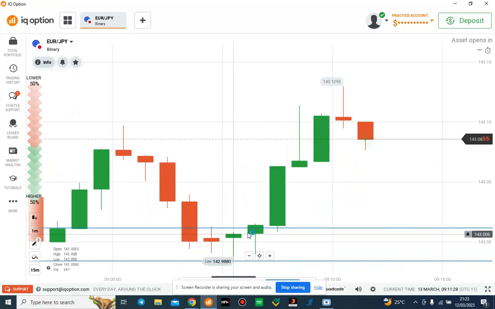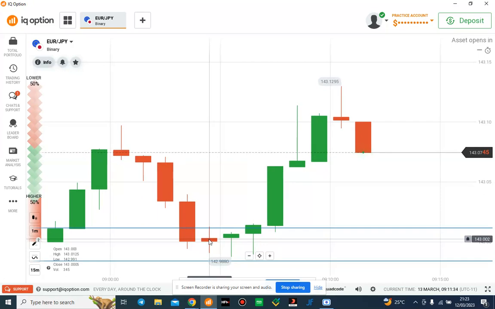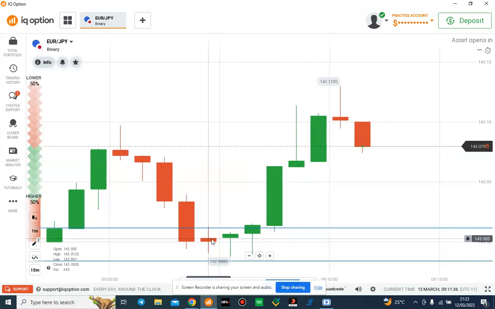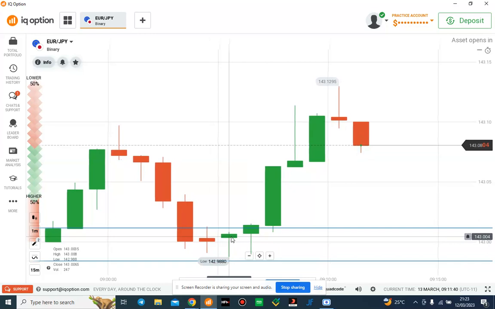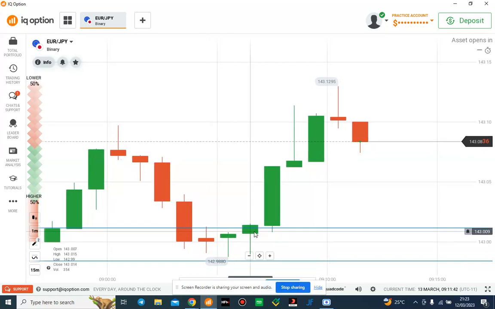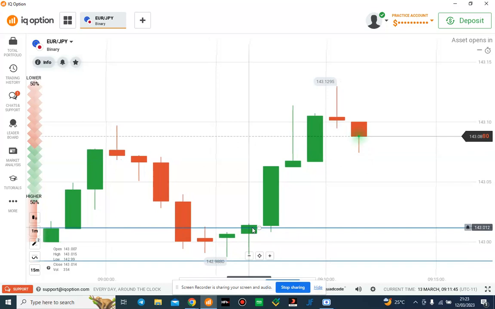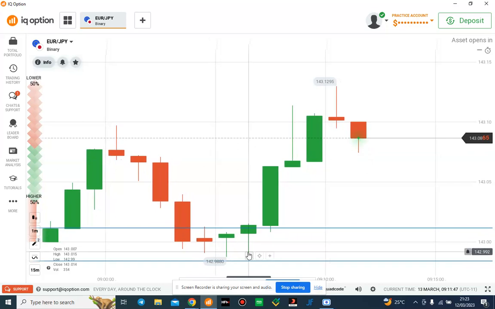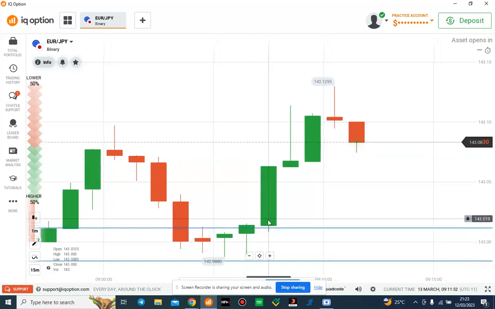Also, we have this green candle, and then we have this green candle. This small candle, we call it a spinning top, or you might say a doji, but it has a tiny body. Then this one we might call a pin bar because it has a tiny body. And this we might call a hammer candlestick, okay? Because the lower shadow, the lower wick, is longer than the size of the body.